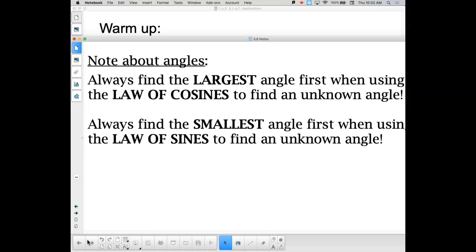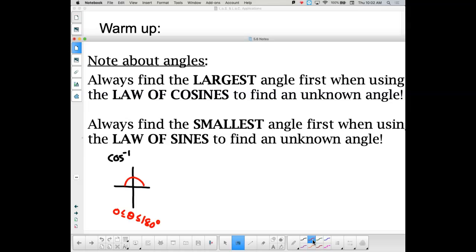So what I want to talk about is that when you're using the law of cosines, you want to find the largest angle first. Okay? The reason is that when we're dealing with inverse cosine, we are restricted, or the restrictions for the law of cosines was up top, so it has to be between 0 and 180 degrees.